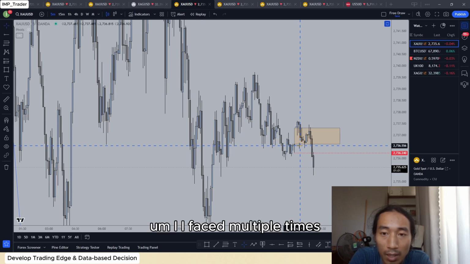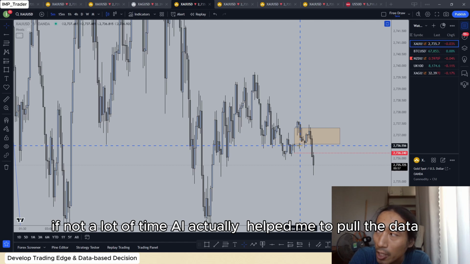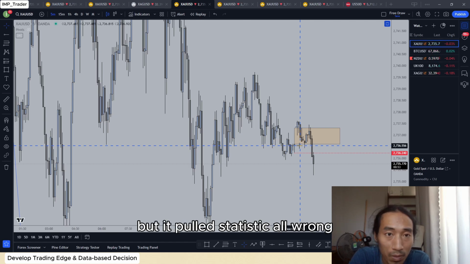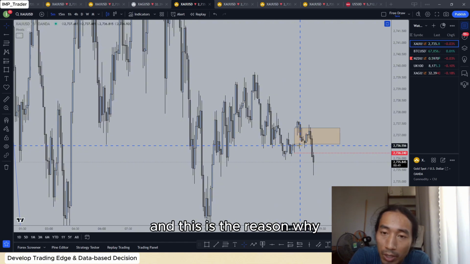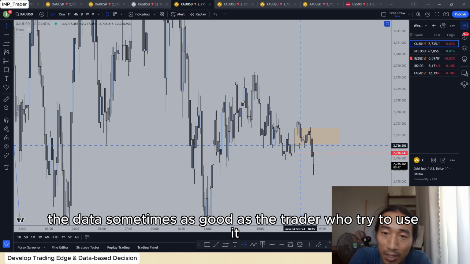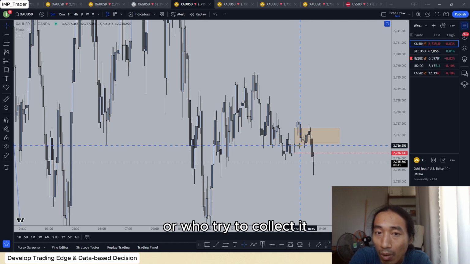I faced multiple times, if not a lot of times, that AI actually helped me pull the data, but it pulled the statistics all wrong. This is the reason why the data is sometimes just as good as the trader who tries to use it or collect it.